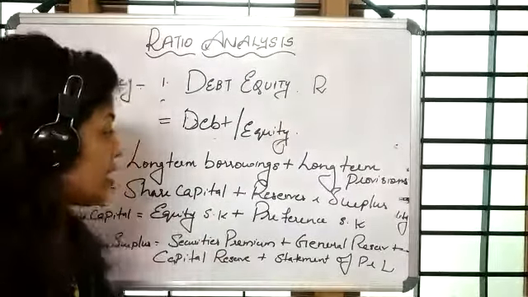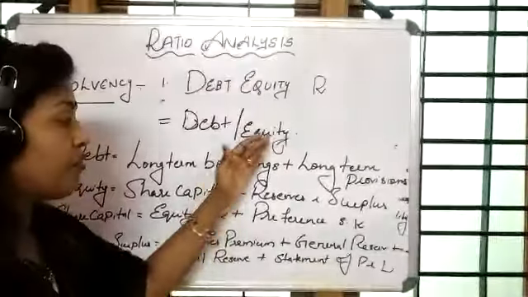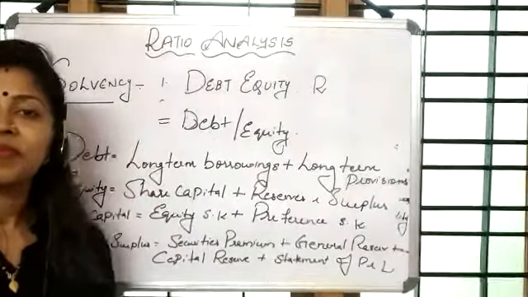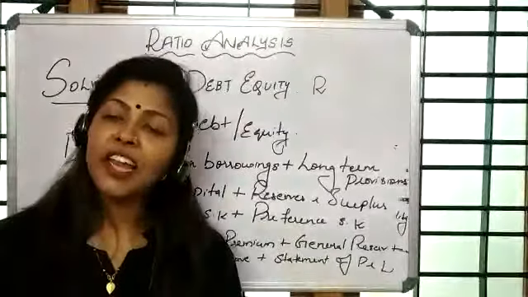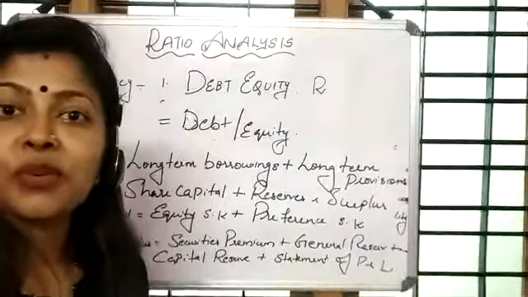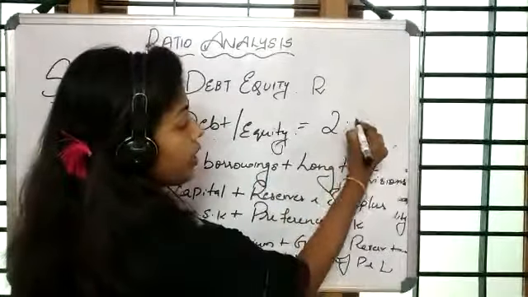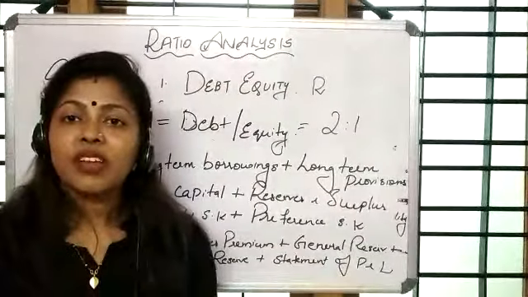Okay children. So if I give you a question, definitely you can answer it very well if you study these things. And it is also not a hard nut to crack. So here also there is an ideal ratio. The ideal debt equity ratio is 2:1.